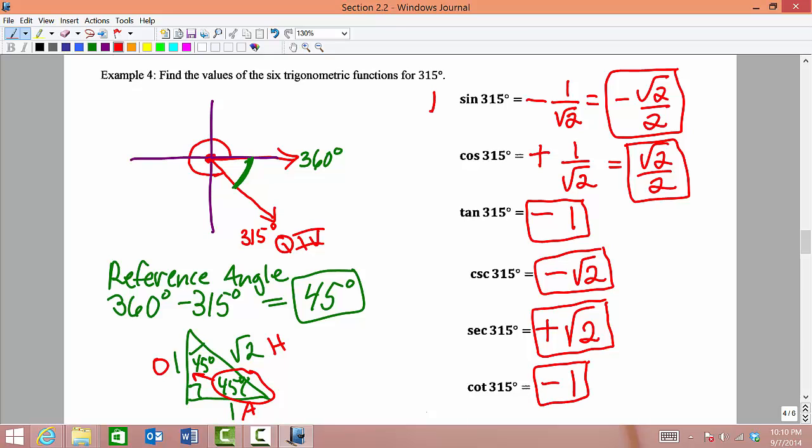So once we know sine, cosine, and tangent, we can use our reciprocal relationships to find the last three. It all goes back to what quadrant we're in. That tells us our signs. What's our reference angle? That tells us all the numeric values of each of the trig functions.